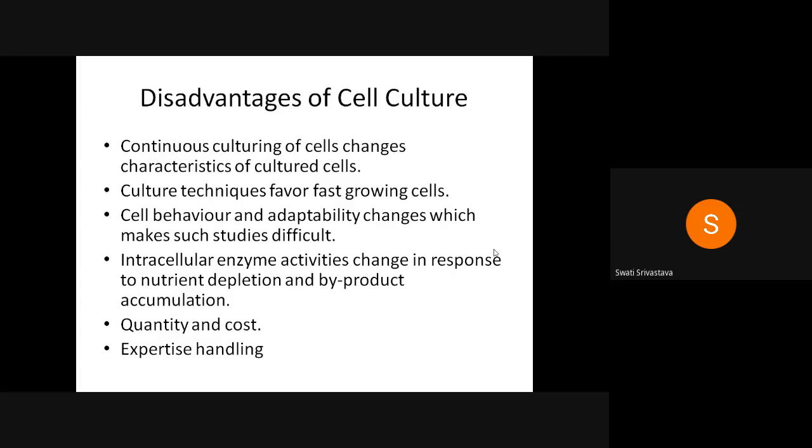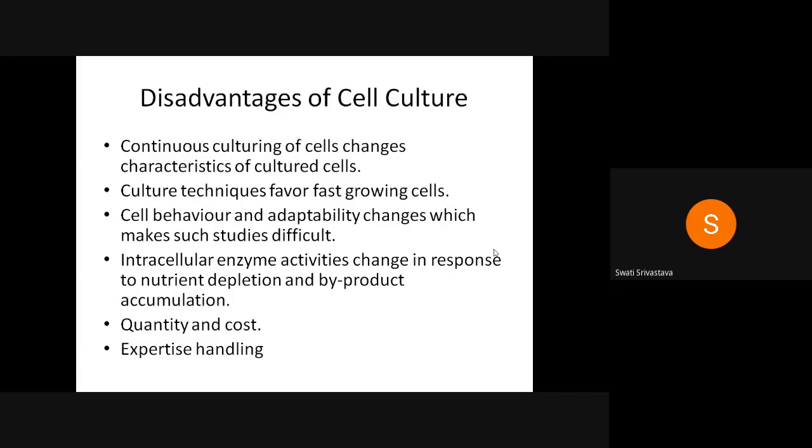Sometimes some kind of nutrient would be depleted, or toxic substances would be accumulating, or your product may be being produced. So the cell is continuously trying to adapt to that system, and it will change the response.